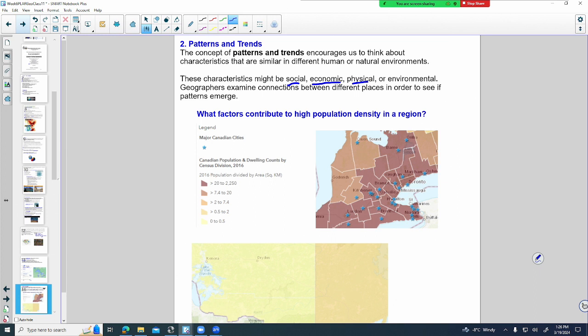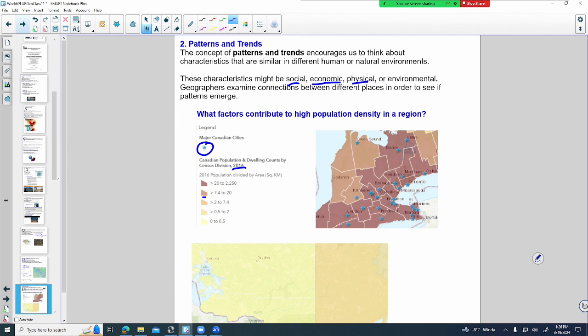You can see that on the slide here, and it's shown to you as a blue star. And then it shows you the Canadian population and dwelling counts by census division in 2016. So the darkest brown has greater than 20 to 2,250 per square kilometer.